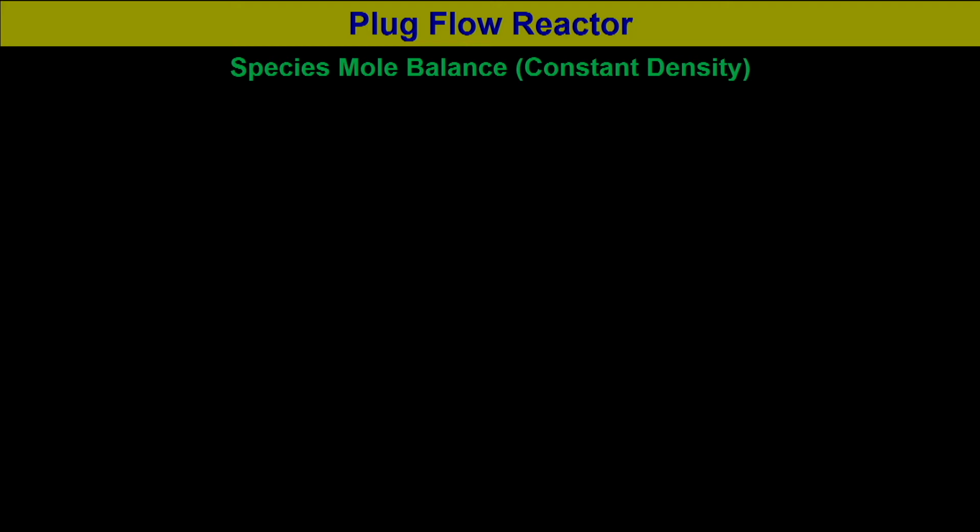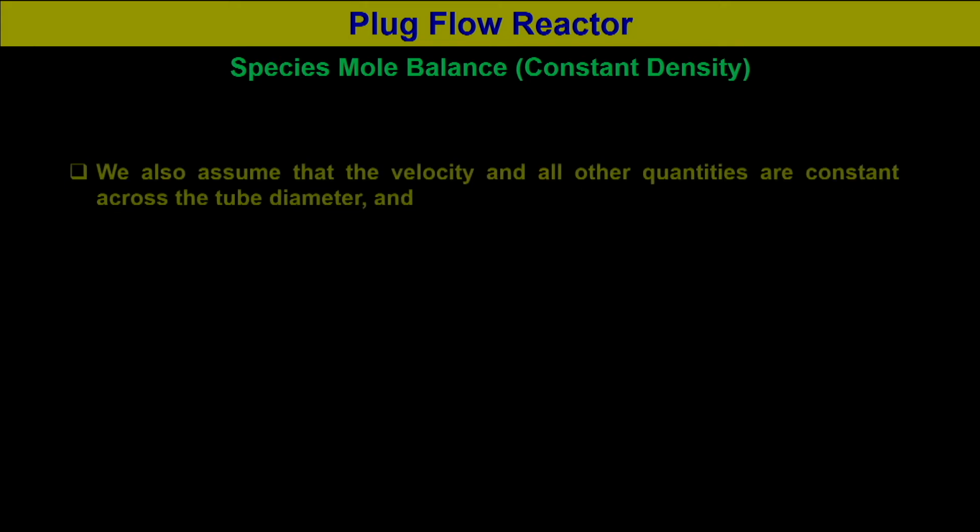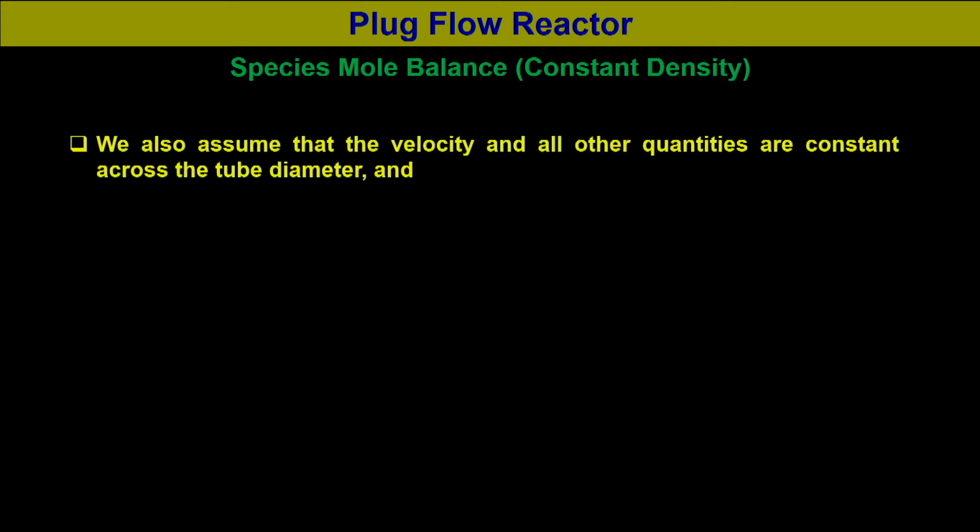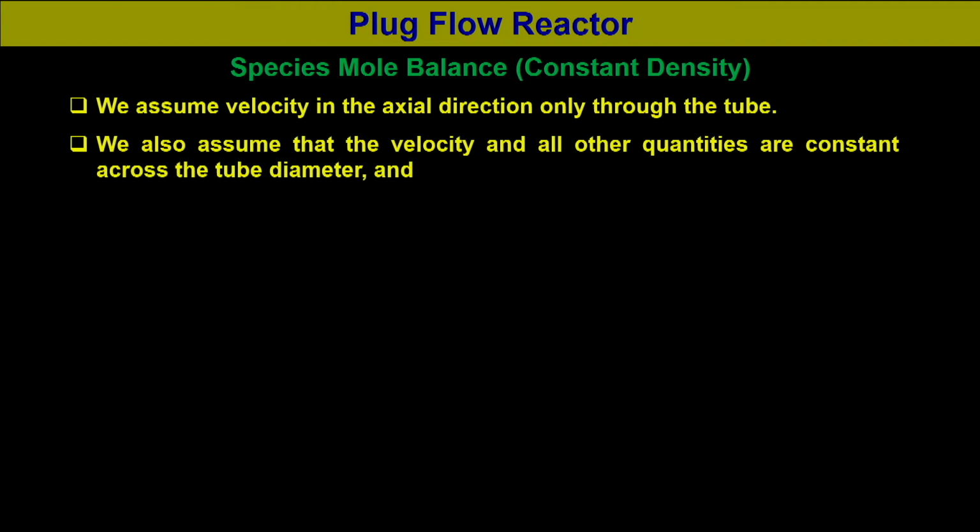So, let us start with the species mole balance for constant density plug flow reactor. In this case, we assume that the velocity is in the axial direction only through the tube. So, we consider the plug flow reactor as a tube and the velocity is only in the axial direction.